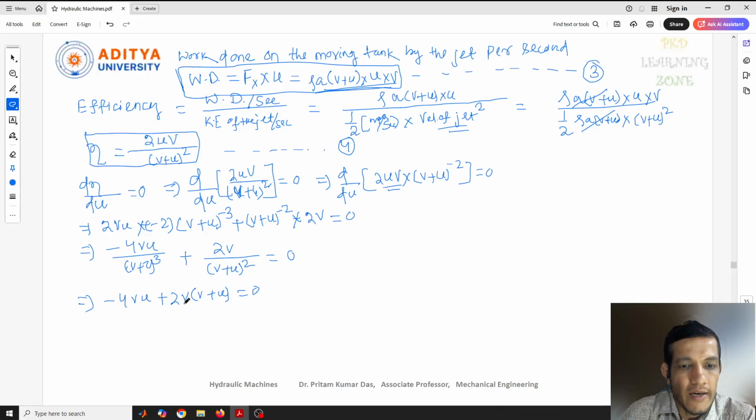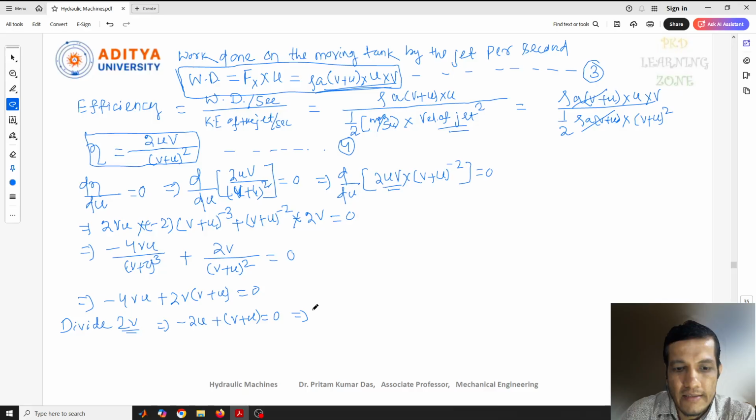Now just divide the equation by 2v. What do we get? Minus 2u plus v plus u equal to 0.